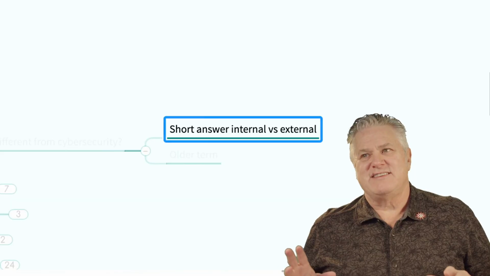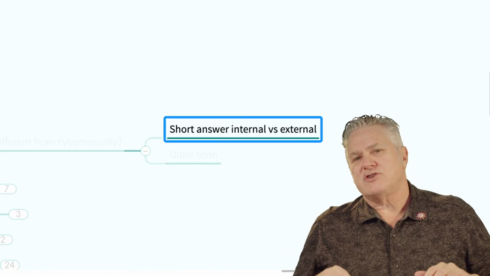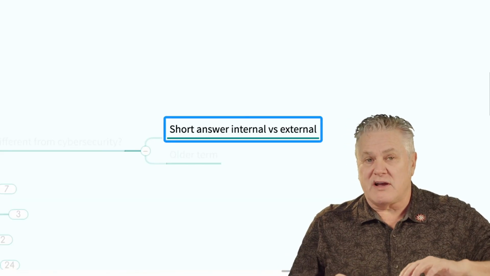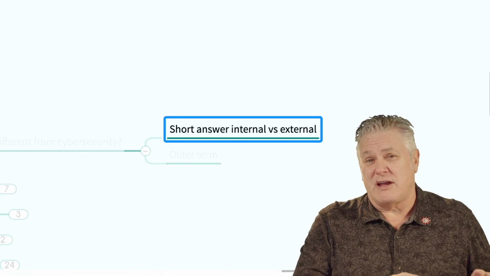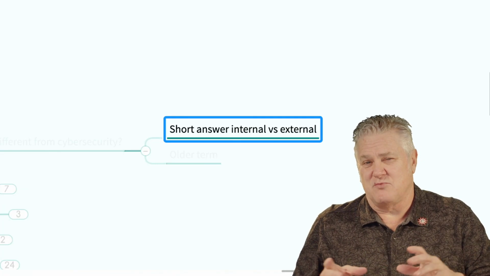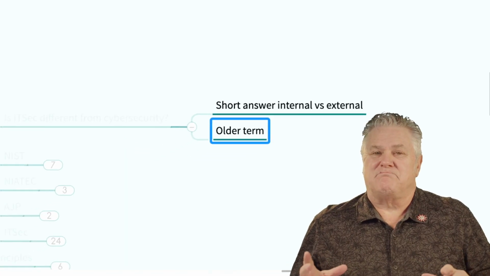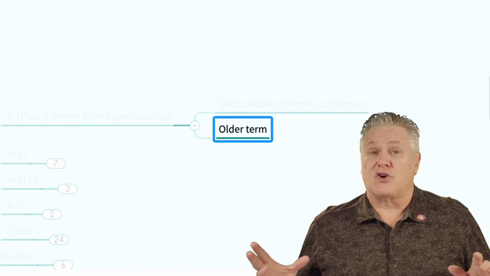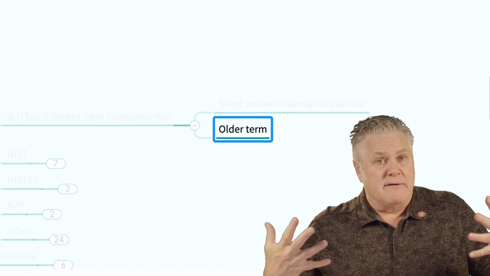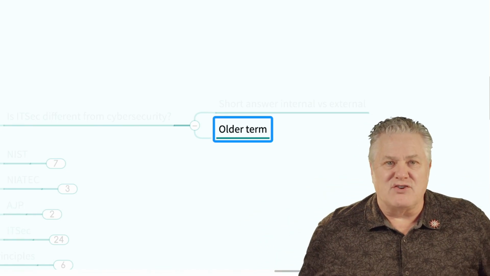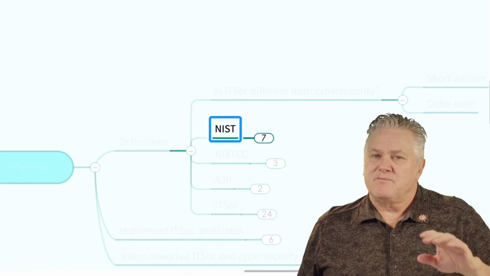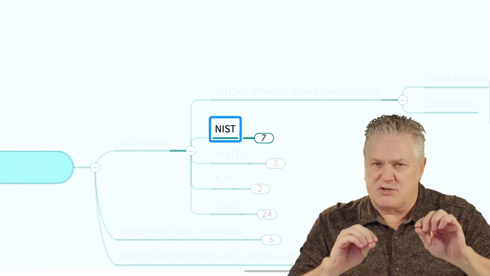The short answer is, usually when we talk about ITSEC, we're talking about internal versus cybersecurity, where we're talking about external. And so we look at them differently. But the reality is it's an older term, it's washed away, and it's been folded up inside of cybersecurity as we understand it today.